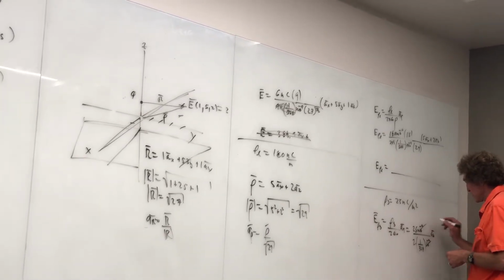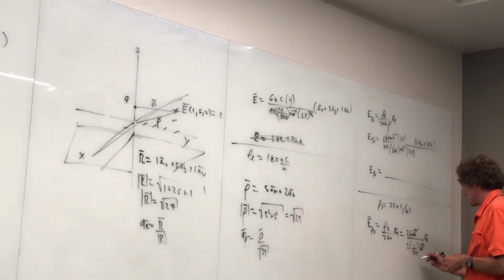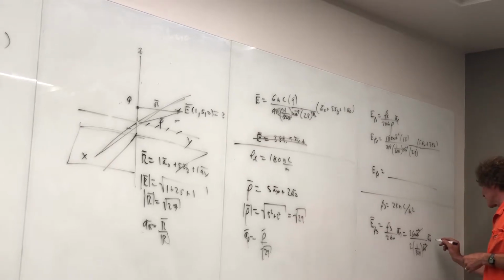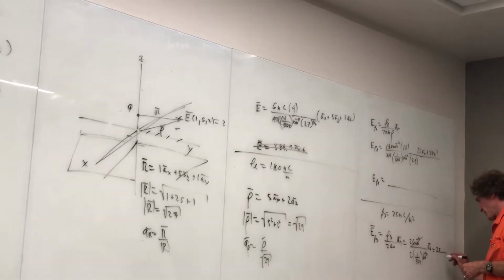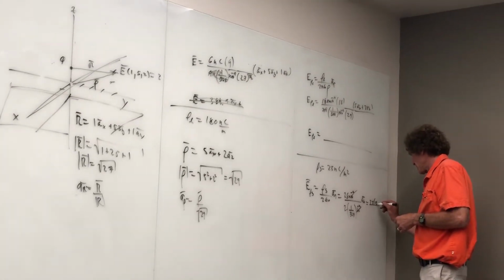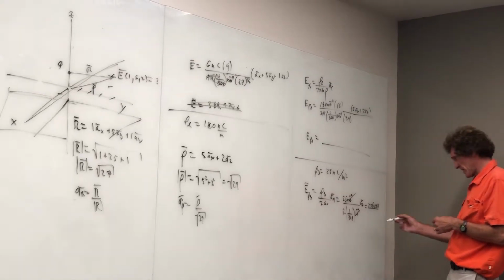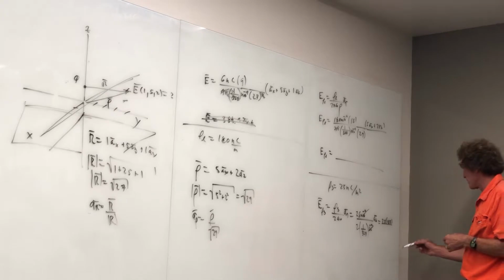So that goes, and then I have really 2 into 36, 18. So if you look at this, what is that? 25 over, 25 times 18 pi. I believe that's right, isn't it? 25, 18 pi AZ.